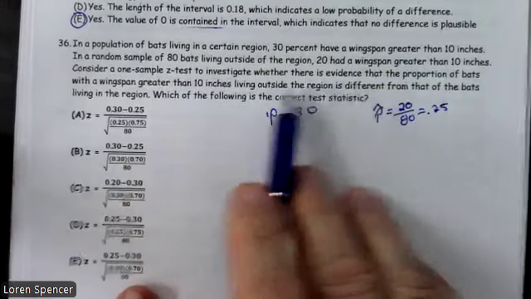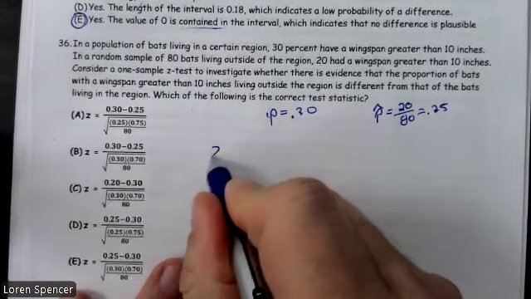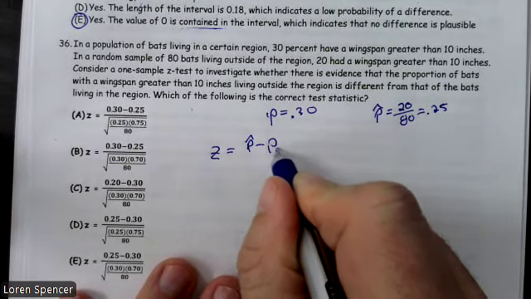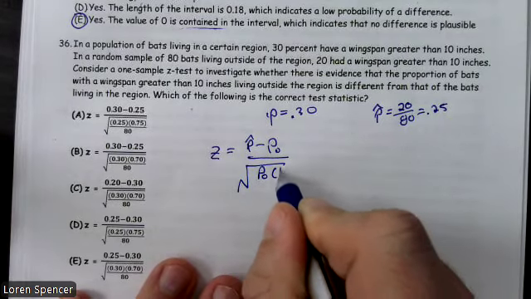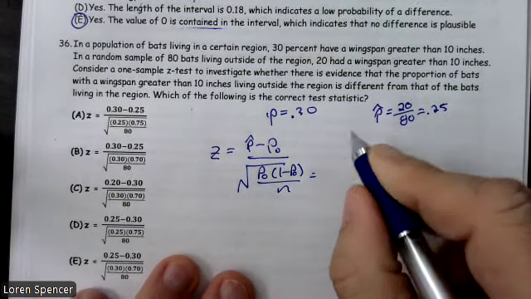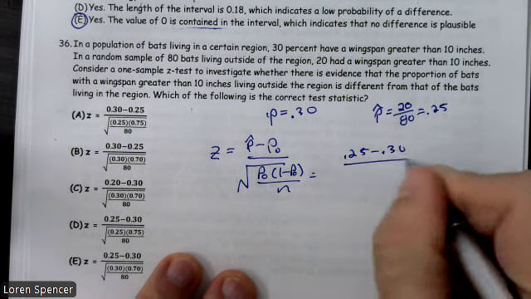Consider a one sample z-test. Which of the following is the correct test statistic? Well, z equals p hat minus p naught over the square root of p naught times 1 minus p naught over n. Well, that means we have 0.25 minus 0.30. So let's make sure that we're in this order.